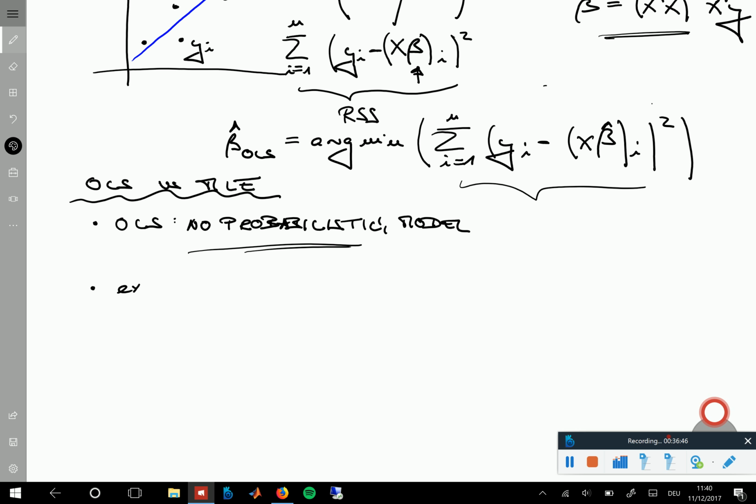So we've seen that an important term in the derivation of the maximum likelihood estimator was this: minus 1 over 2 sigma square (y minus x beta) transposed (y minus x beta).